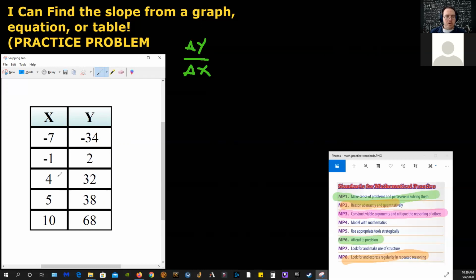I'm always a sucker for positive numbers, so I'm going to go with these 2. This guy and this guy, this guy and this guy. So this will be my y1, and this will be my y2. This is going to be my x1. This is going to be my x2.